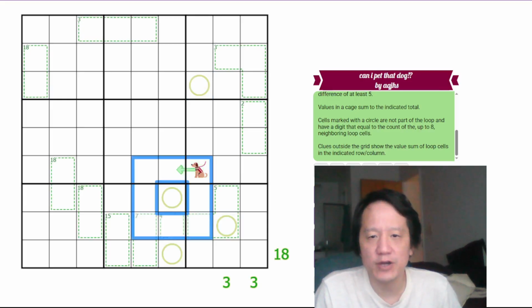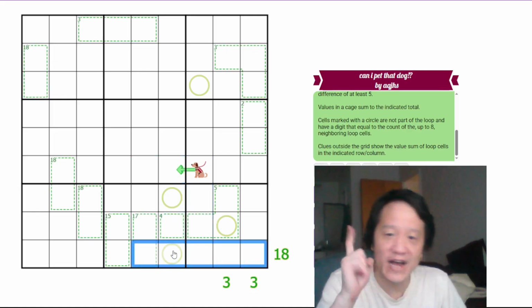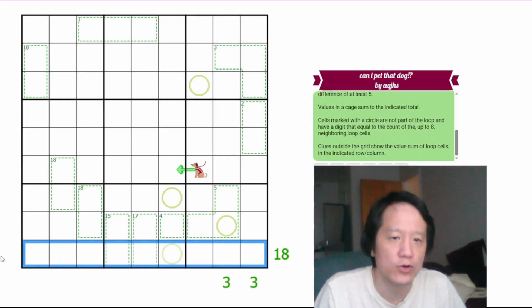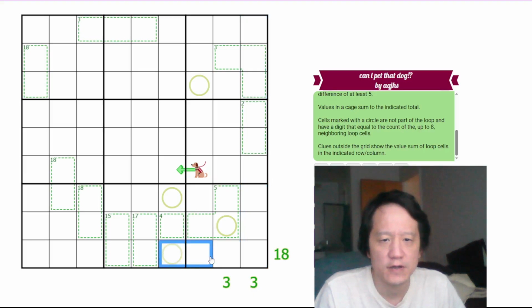And then finally, we have clues outside the grid showing the value sum of loop cells in the indicated row or column. Okay, so that means for all the cells on the loop, the value sum of these has to be 3 in this direction.